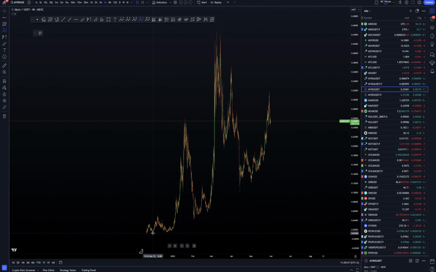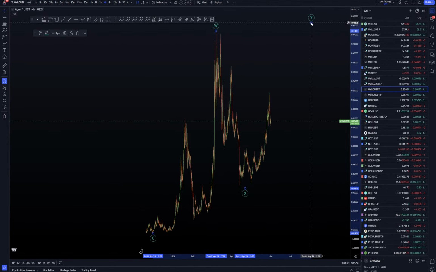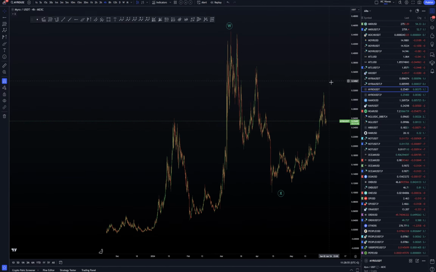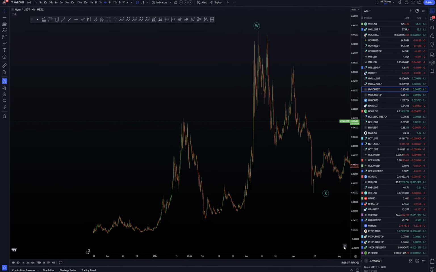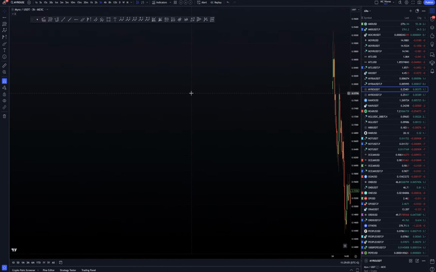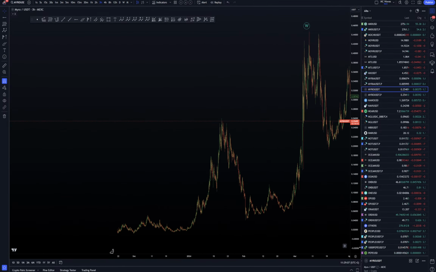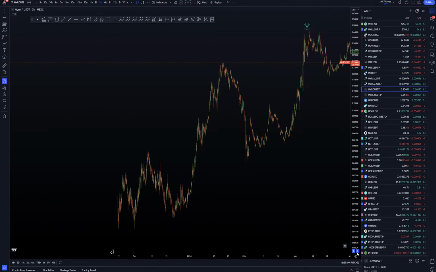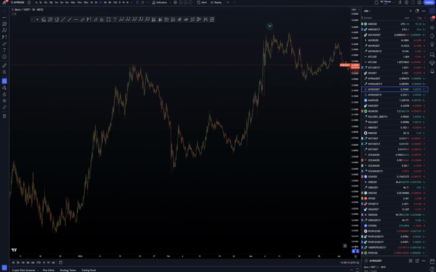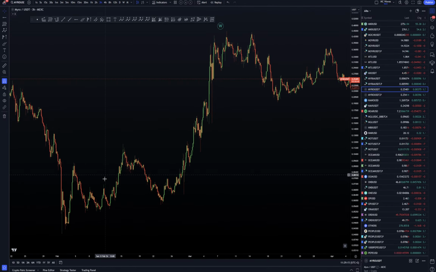Same as for the other ones really. W, X, Y, high time frame like that. Well, that was a double X. Yeah, that should be a double XY first.